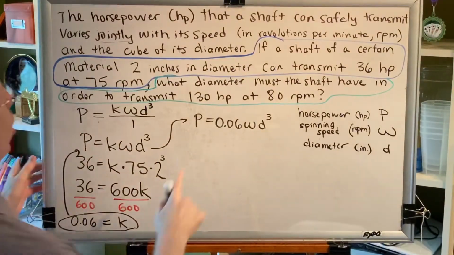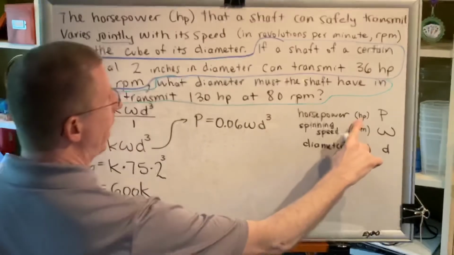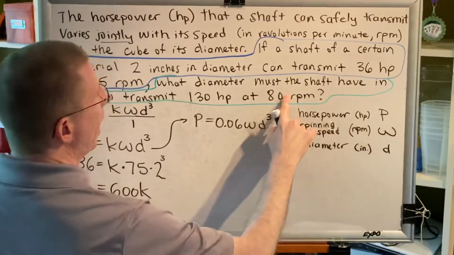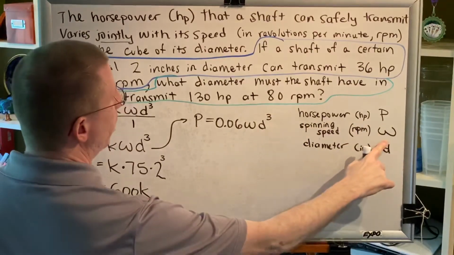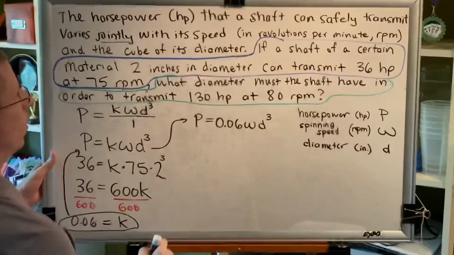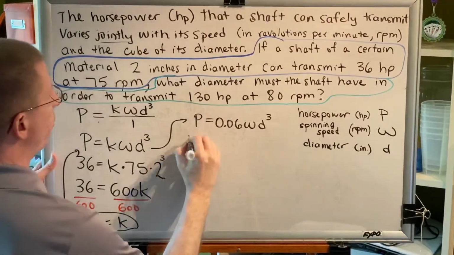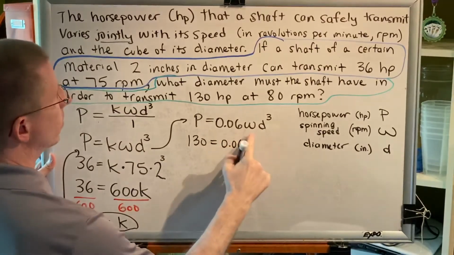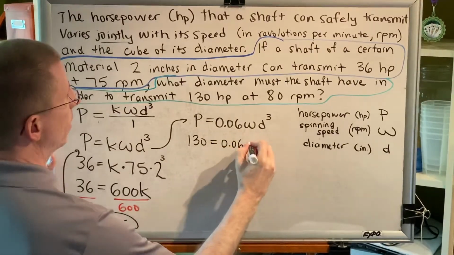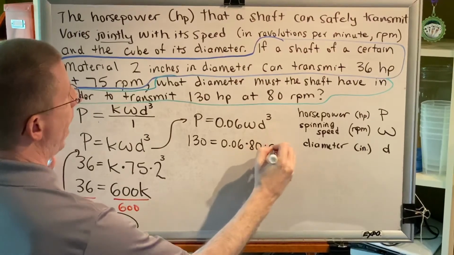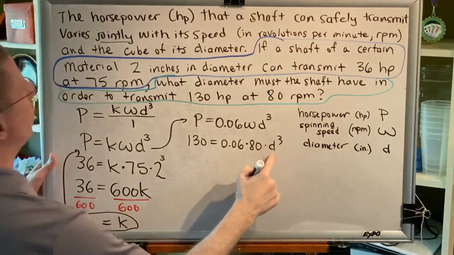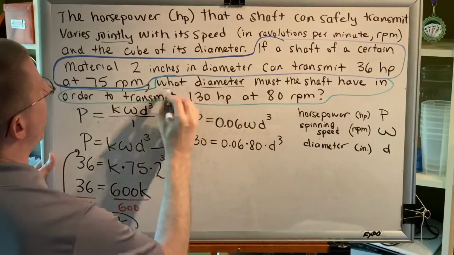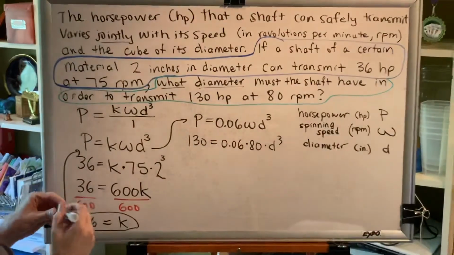All right, so 130 horsepower, that's telling me P, and 80 revolutions per minute, that's telling me omega. So let's plug those in. So P is 130 equals 0.06, omega is 80, and D will leave as the letter D because the question says what diameter. It's what we're trying to solve for.